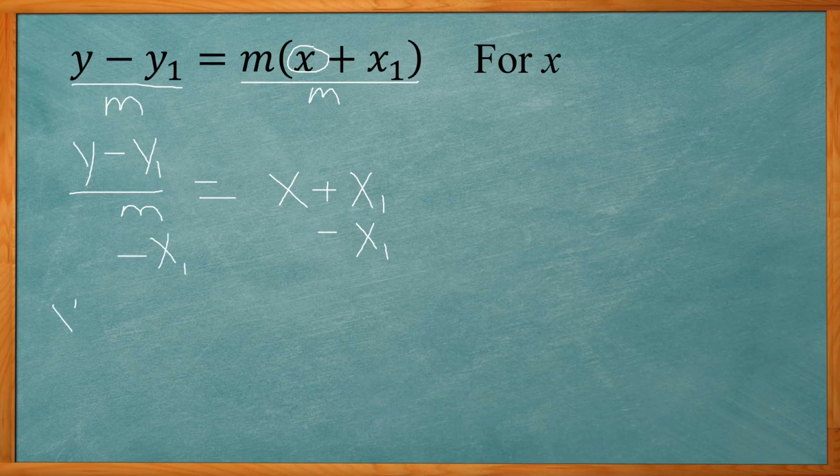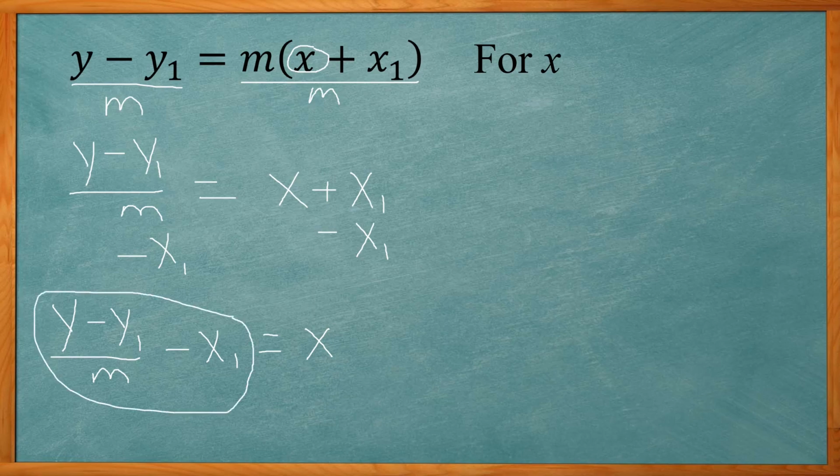So that gives me y minus y1 over m minus x1 equals x. And again, I want to combine this into one fraction, and our common denominator will be m.